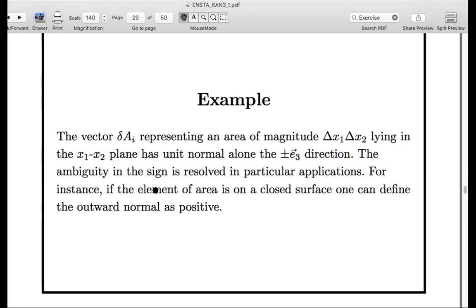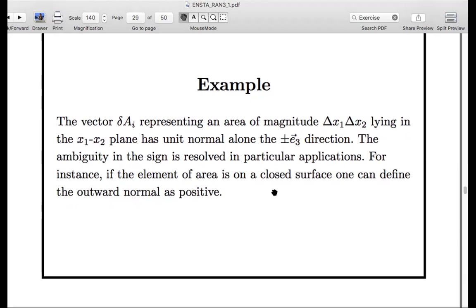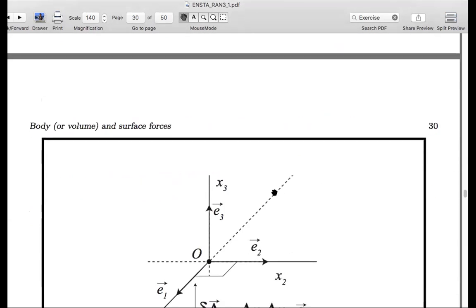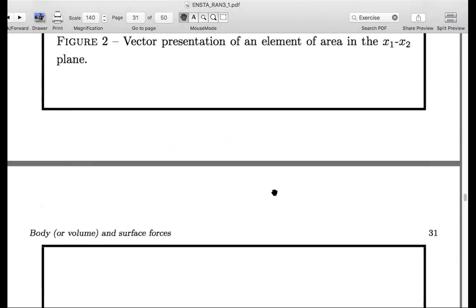But the ambiguity is resolved in a particular application because typically the surface encloses a volume, and then we have an inside and an outside. The convention is often stated: the outward facing normal is the normal that points outward. Of course, the surface has to be closed in order for there to be an in and an out, but that's usually the case.